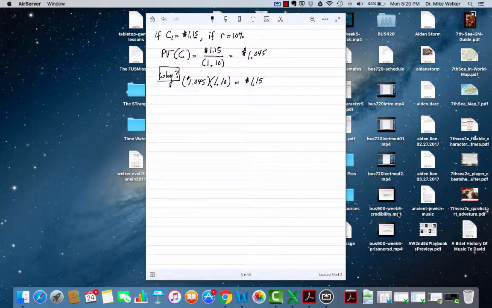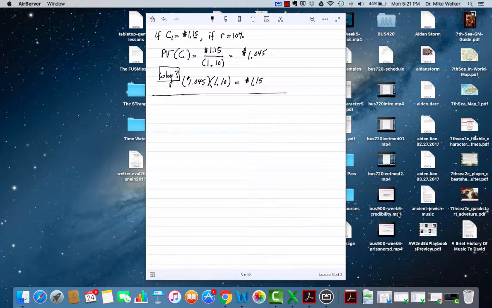If you had $1.045 now at time period 0, you could invest it at a 10% interest rate, and it would become $1.15 at time period 1. Likewise, if you were getting $1.15 in time period 1, and the interest rate was 10%, a bank would be able to loan you $1.045 in time period 0 if you promised to pay $1.15 in time period 1.